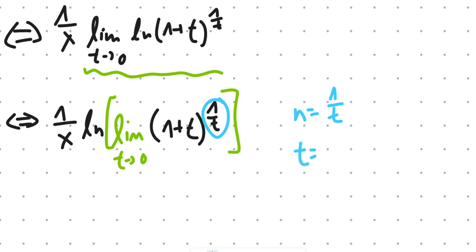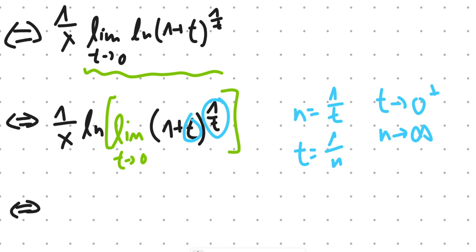So t would be equal to 1 over n. We can use this here, and as t approaches 0, we would be dividing by 0, so n will go to infinity. We have to state that t is approaching 0 from the positive side, because ln is defined only on the positive part of the x-axis.